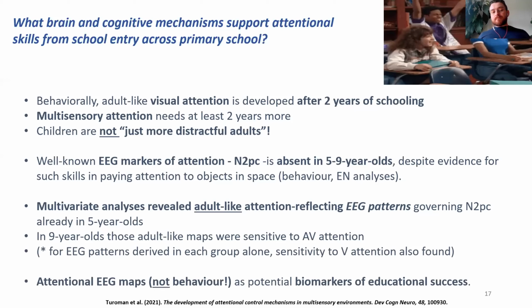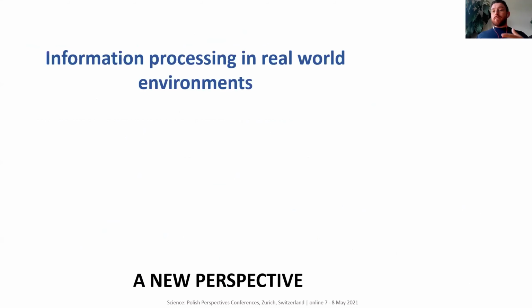And finally, those EEG-derived attention-sensitive maps, and not the behavioral markers that are very frequently used as potential biomarkers of learning, correlated with successful educational and skill learning. This is something that we're currently pursuing, trying to identify whether these results replicate in a larger sample.